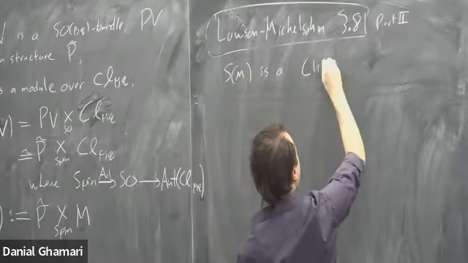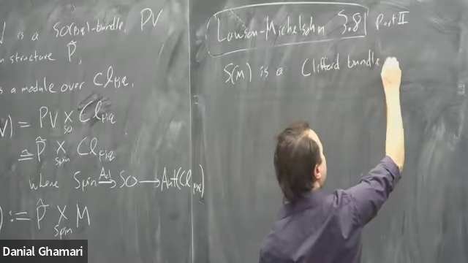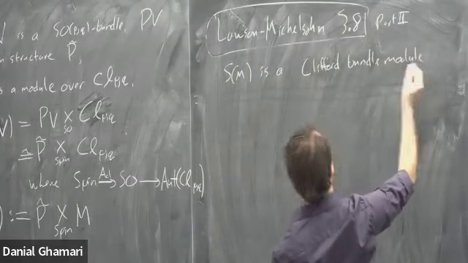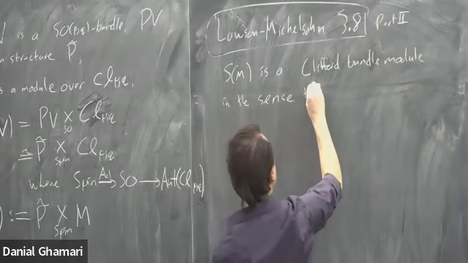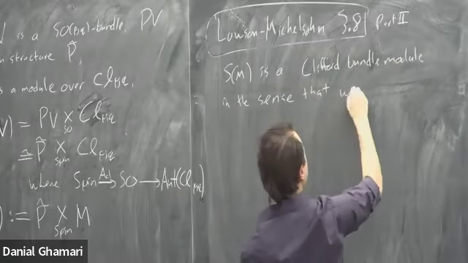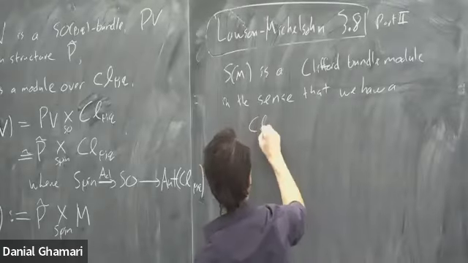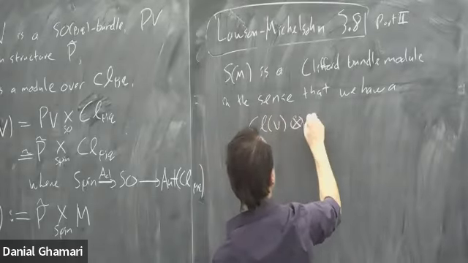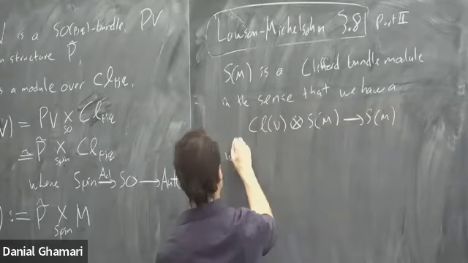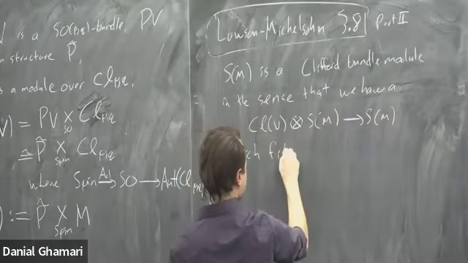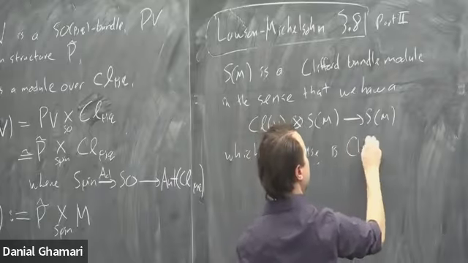Clifford bundle module, in the sense that we get an action of the Clifford bundle tensored with SM to SM, which fiber-wise is Clifford multiplication.